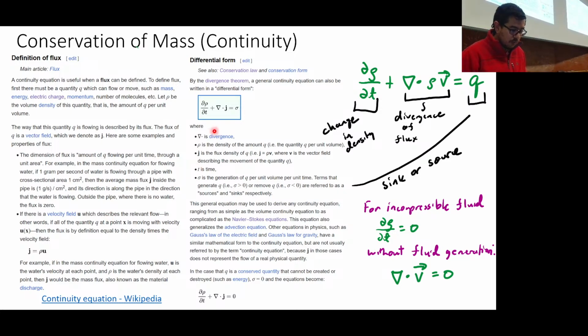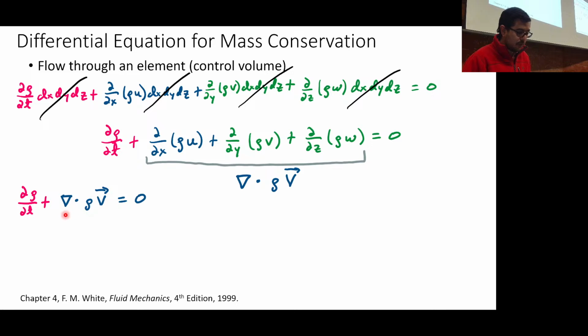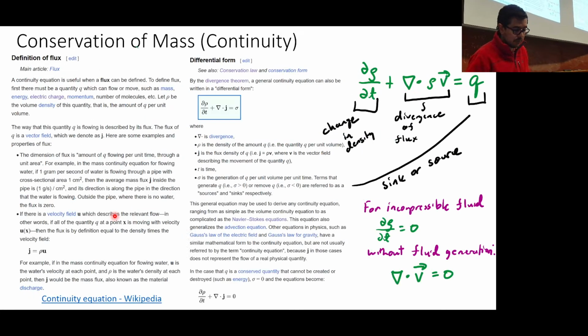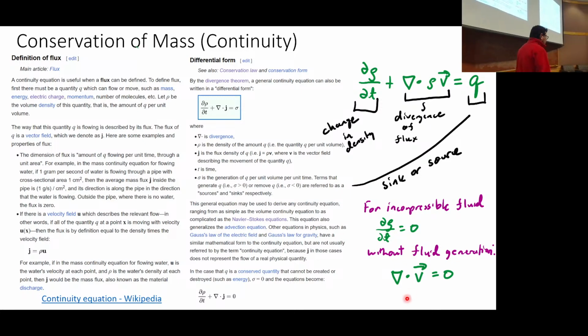Here we have the divergence. Okay, so this gradient dotted with rho v, the divergence of the density times v, is equal to 0. And if you go through this, like I just said, for an incompressible fluid, then you just end up with the divergence of velocity.